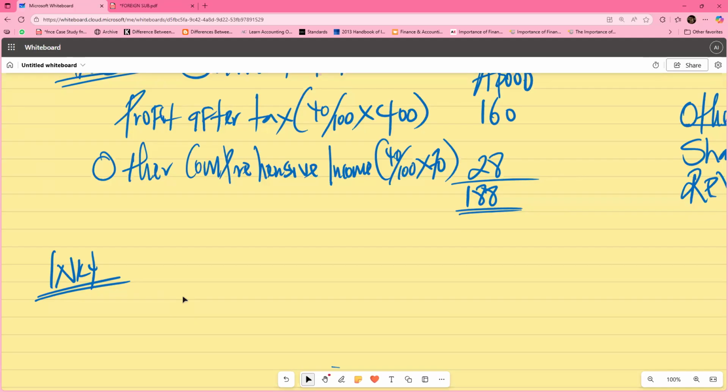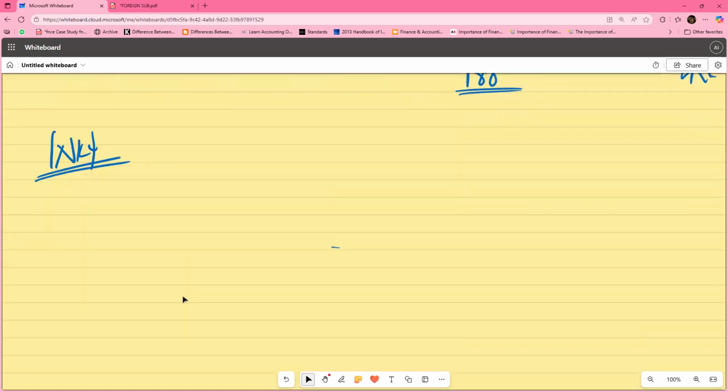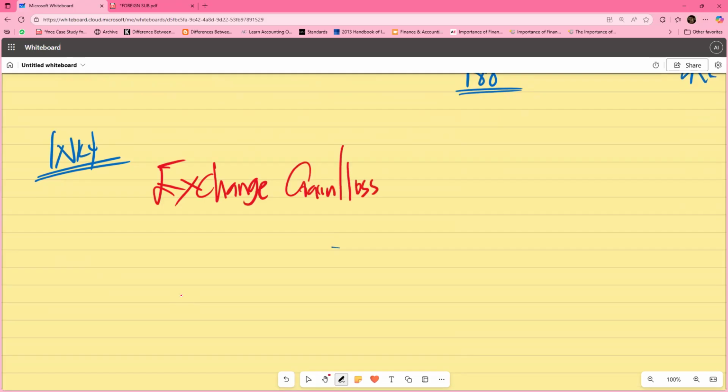This is the format. We call it exchange gain or loss on translation of foreign operation. It's very, very complicated, so I will need your attention here.